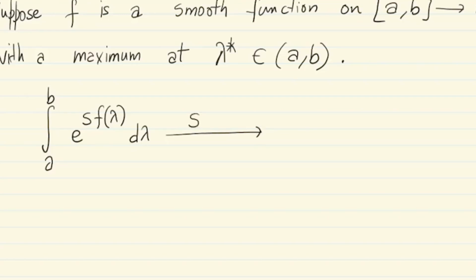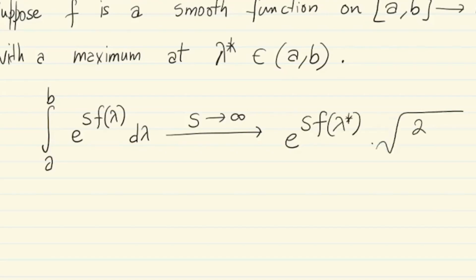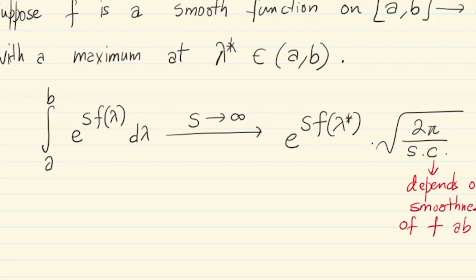As s becomes larger and larger, one can argue that this essentially tends to e raised to s times the value at its maximum point, times square root of 2 pi by s, times some constant, where this constant depends essentially on the smoothness of the function f about its maximum point lambda star.